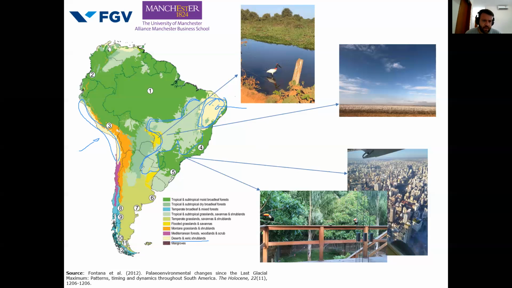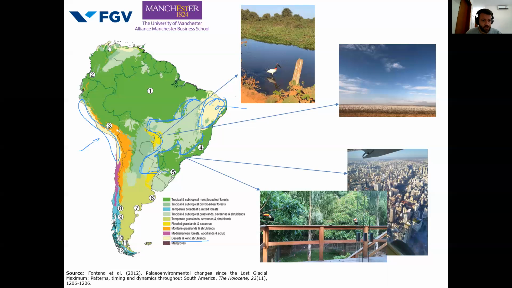It gets Paraguay, part of Argentina, and the southeast part of Brazil. Okay, this is the region where the agriculture in Brazil, in Paraguay as well, has developed with more strength.